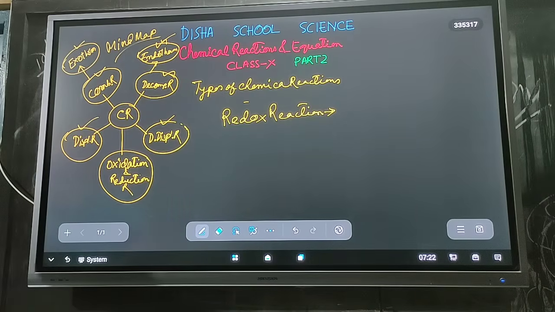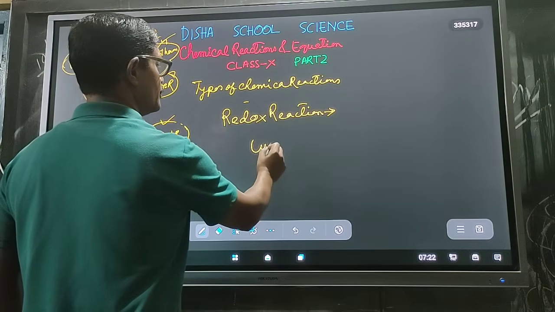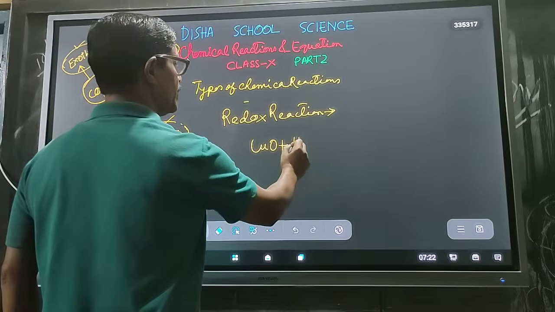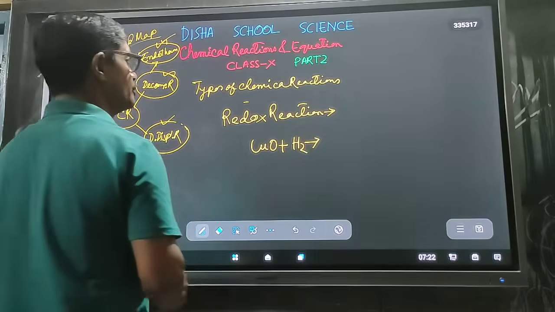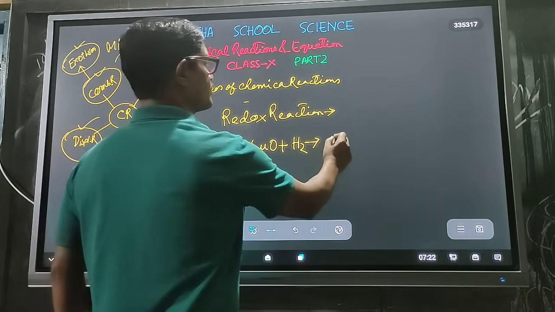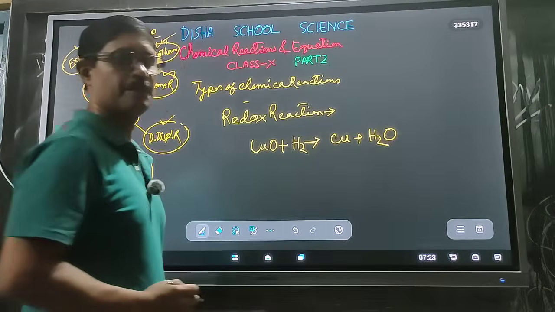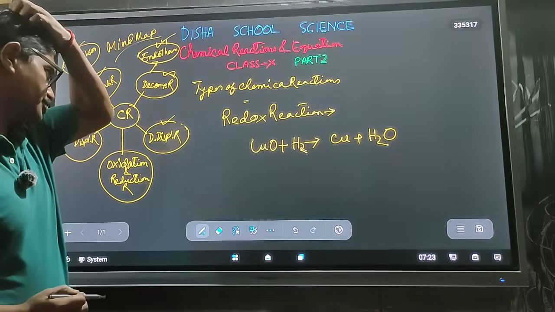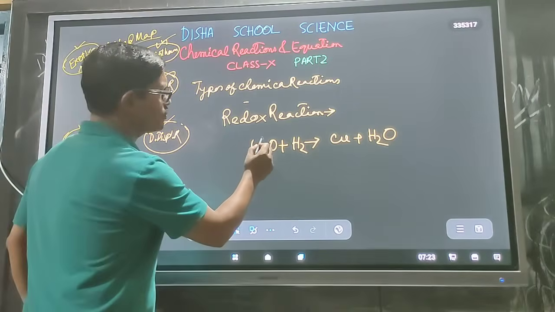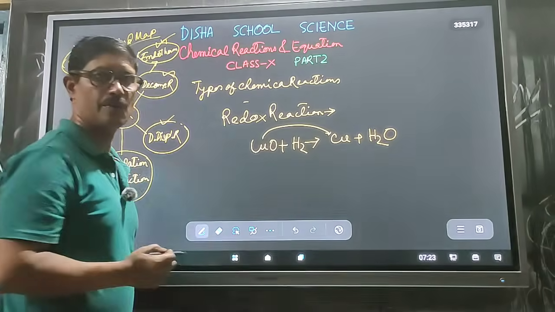For example, you see, copper oxide plus hydrogen, CuO plus hydrogen. So what will form? Copper plus water. Now you see, this copper oxide is transformed to copper, there is removal of oxygen.